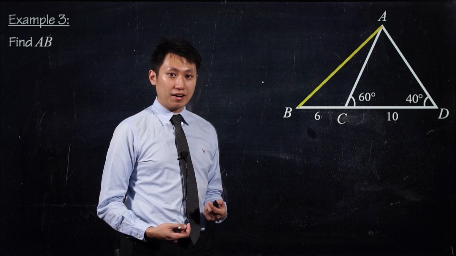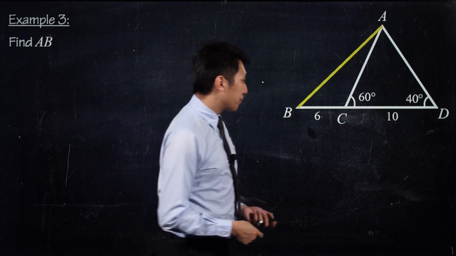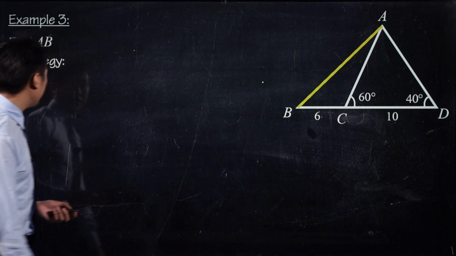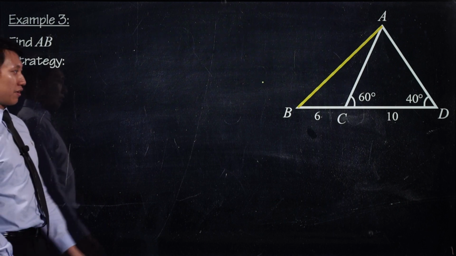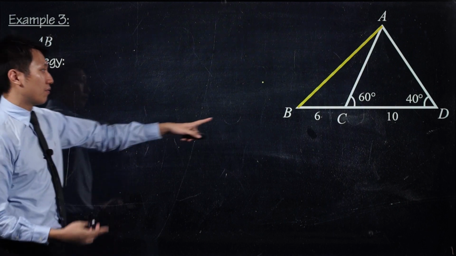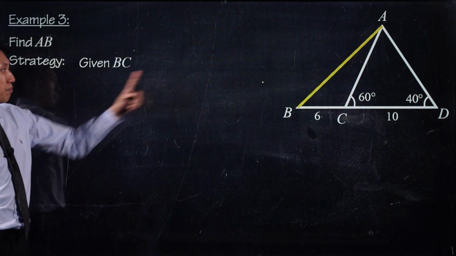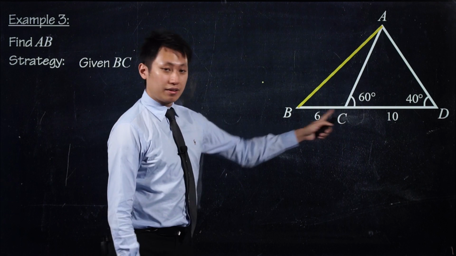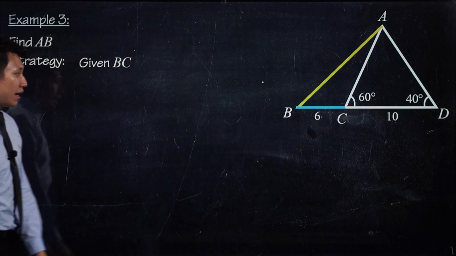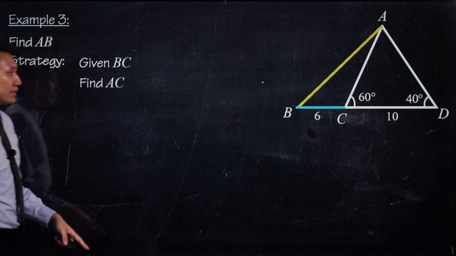Okay, now so what we want to do here, the strategy for solving for this side, is to use the given BC. We know this one. Then we want to find AC.